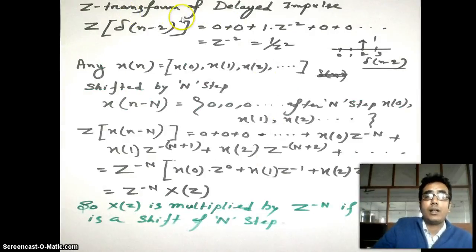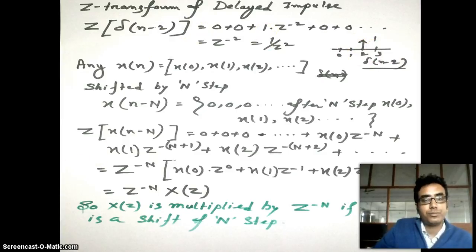And if the delta function or the impulse is delayed, that means a delayed impulse, suppose the impulse is delayed by 2 steps, that means delta of n minus 2. If you draw the signal, then you will find that at 2 the value is 1, and for other values of n the value is 0.